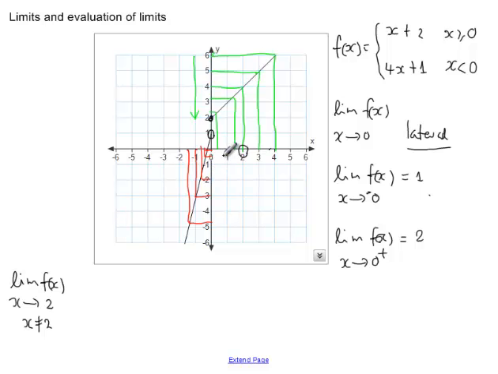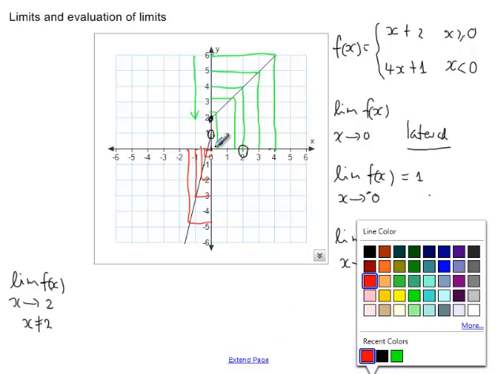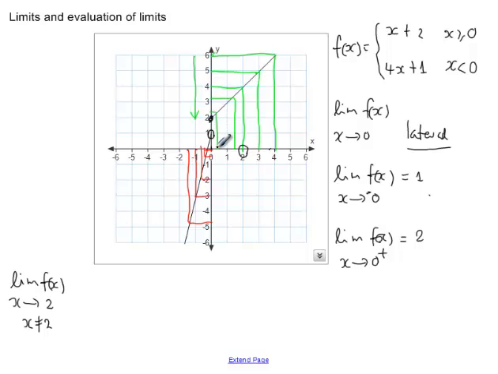So now, let's start from the left. For this part, obviously, the domain starts here at 0. When we are at 0 itself, the function is 2. Let me take that red color again. When we are here, the function is 2. When you get here, the function is that part.